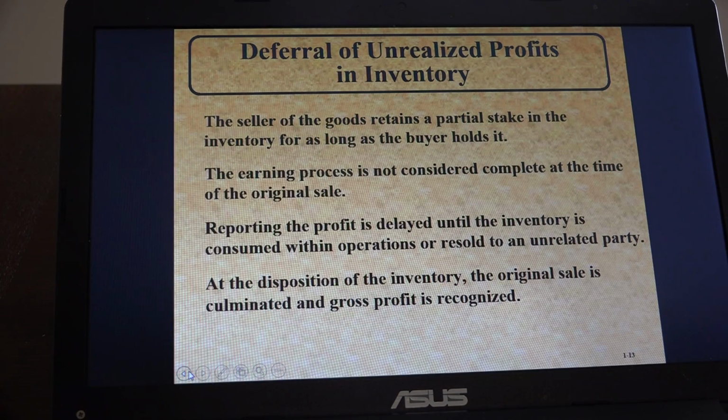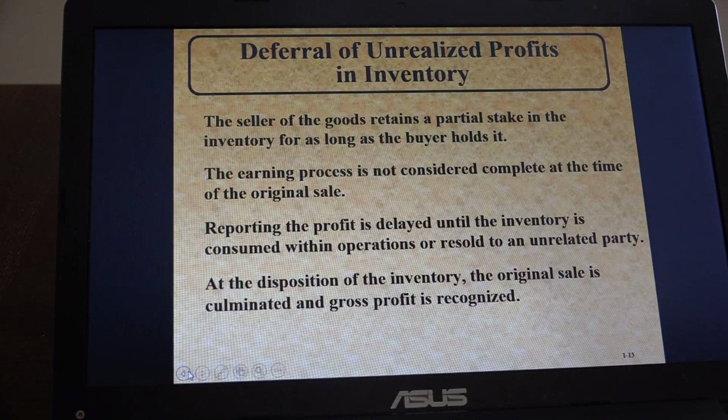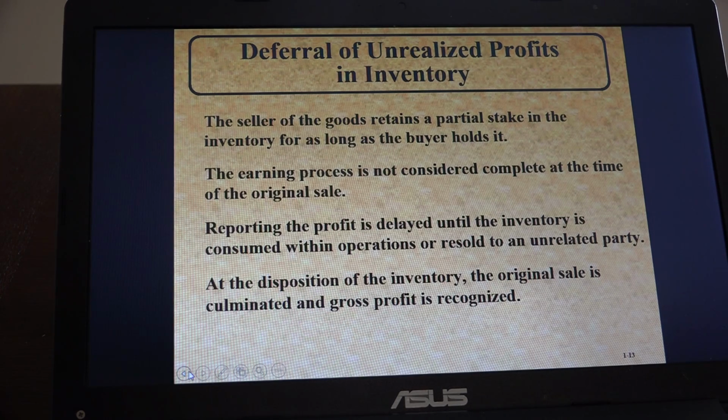By the end of 2015, Miner has sold 40,000 of the 50,000, which means they still have 10,000 of that inventory for sale in the subsequent year. Major owns 40% of Miner, and so what Major has to do is make an adjustment.